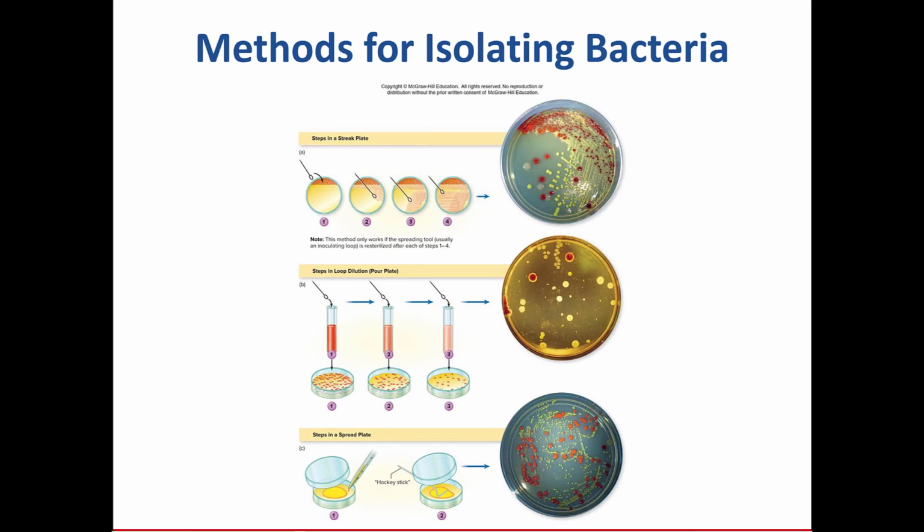So this would be countable, so you'd have like 20-some microorganisms here, and then depending on the dilution, let's say this is 1 to 100, 1 to 100, so that would be 10 to the fourth, and I said we had 20 here, so it would be 2.0 times 10 to the fifth.